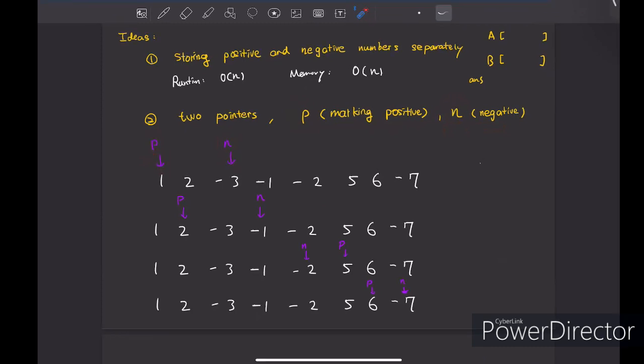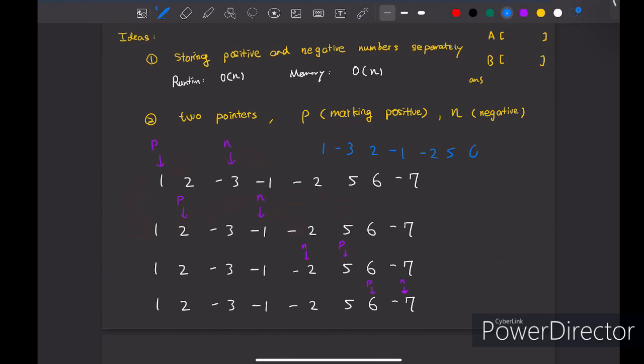And then we write down 1 and -3. In the second iteration, P moves on to the next positive number, and N to the next negative number. And then we write down 2, -1. And so on, P will move here, and the negative pointer just moved to -2.